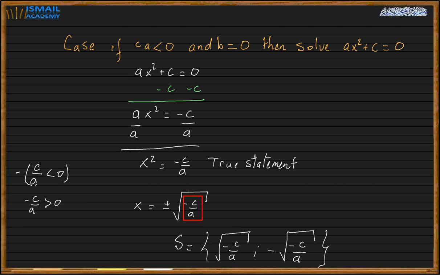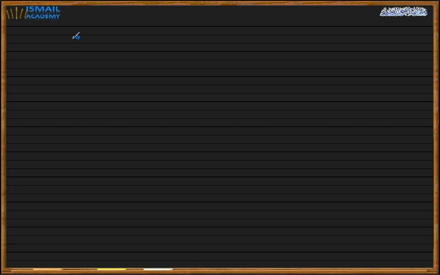So let me give you an example for that case. Suppose I want to solve 5x squared minus 4 equals 12. Here you see I can have 0, I can have any number.